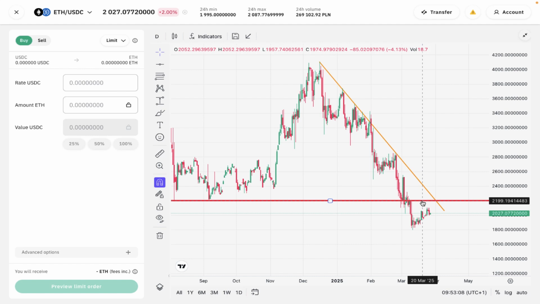So we got at least three indications that the main trend right now on the Ethereum is down, at least in the short term. And we exactly know what we need to do to consider any upside movement on the Ethereum as a possible uptrend development.